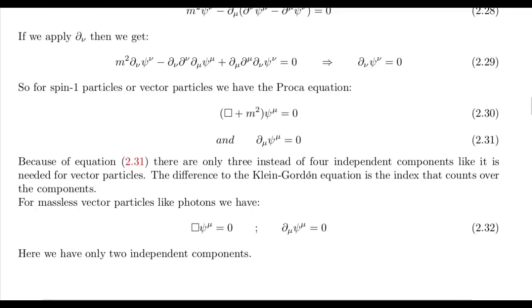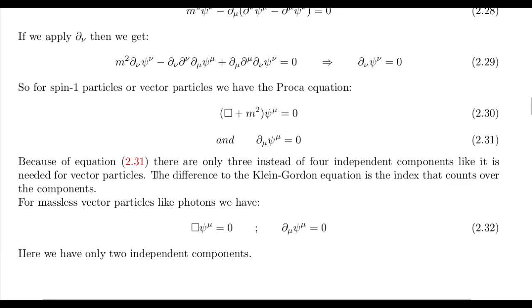Yeah, if we compare that with the Klein-Gordon equation for particles with no spin, we see the only formal difference is that we have an index here, a vector, we can say.